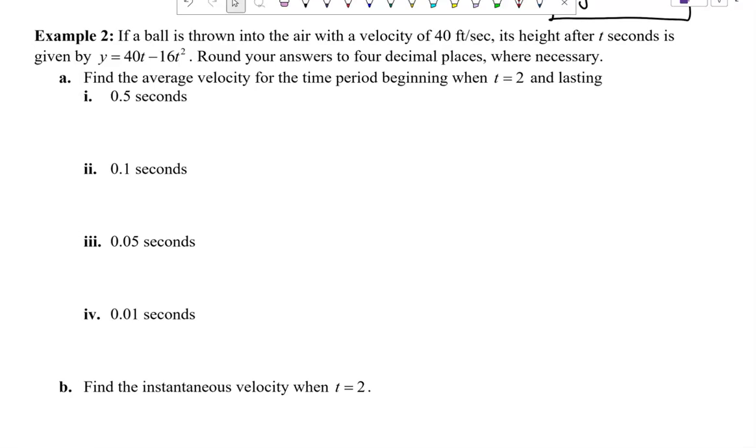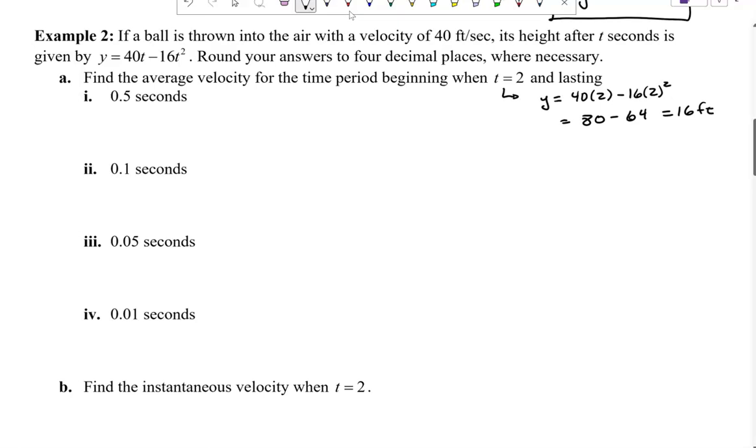First of all, let's make sure we understand what's going on here. So t is representing time after the ball is thrown into the air, and y is telling us how high the ball is. So when t equals 2, the height is y equals 40 times 2 minus 16 times 2 squared, which gives us 80 minus 16 times 4, which is 64, which is 16 feet.